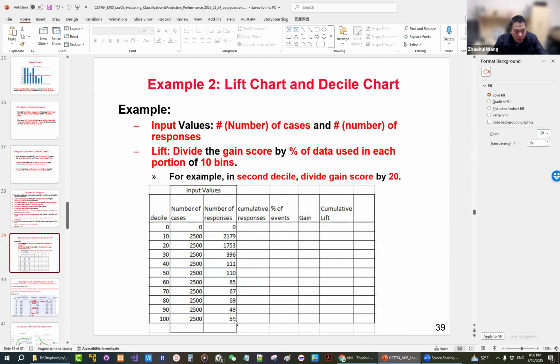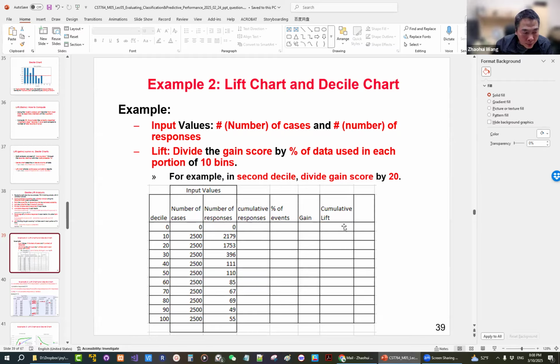Usually the sorting is based on the probability. For the top deciles, they have a higher probability of response. The probability is 2179 divided by 2500, which is why there is this tendency from high to low.